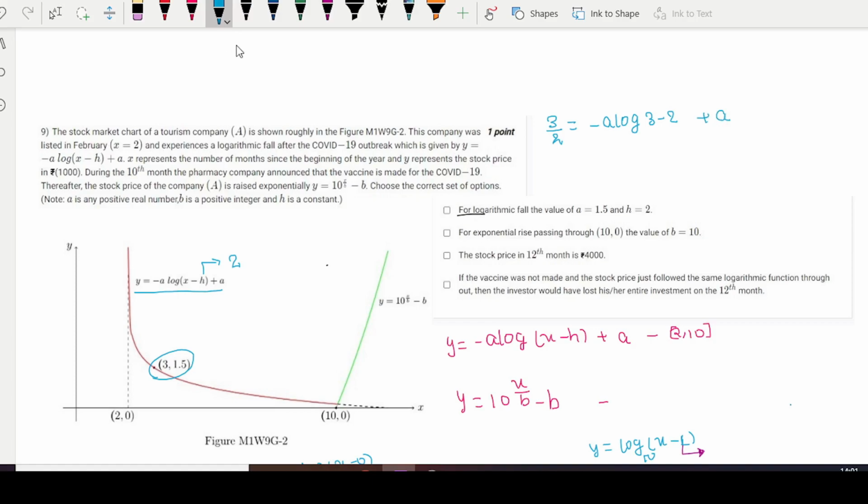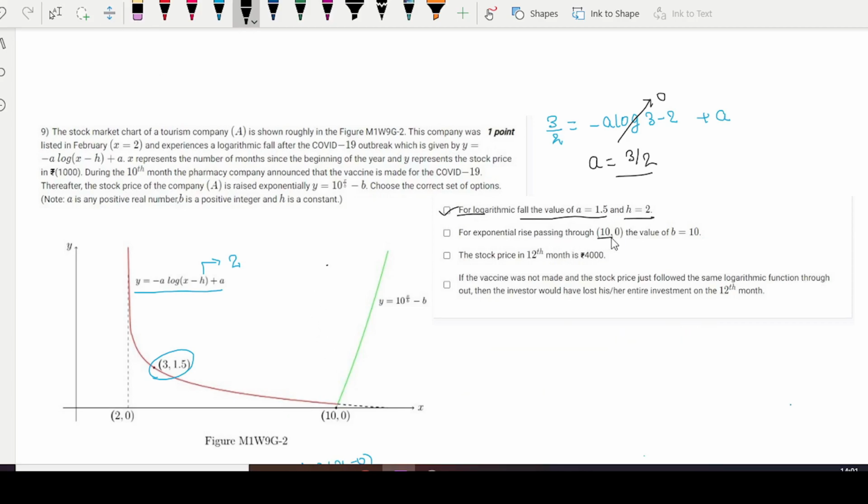This log term will vanish to 0, hence a is equal to 3 by 2. So for the logarithmic fall, the value of a is 1.5 and h is equal to 2, so this option is correct.